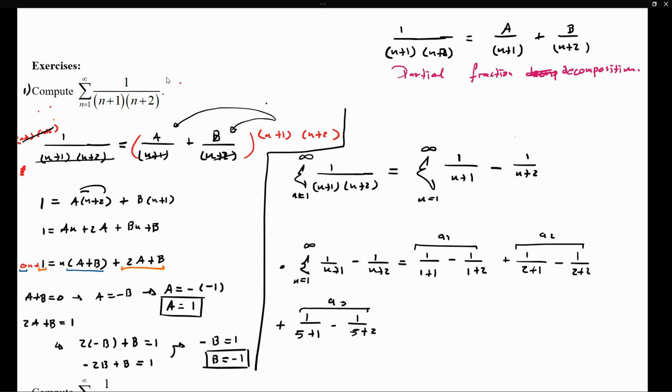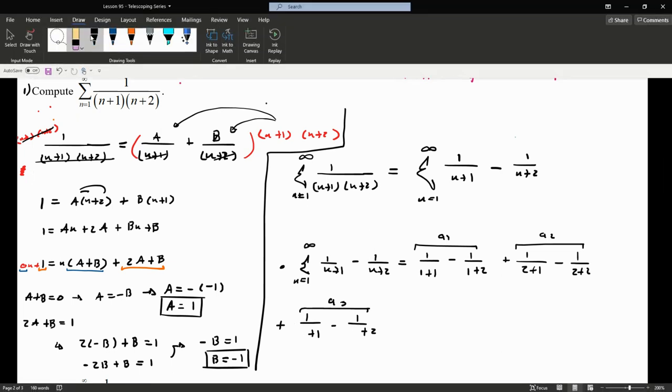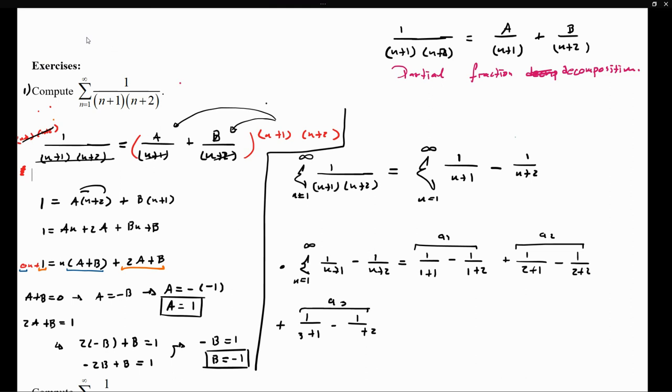This should be 3, not 5. Sorry. Let's compute the fourth term. So we're going to get 1 over 4 plus 1 minus 1 over 4 plus 2. And let's actually stop at the fourth term. We're not going to go all the way to the fifth. So the fifth term, you can compute it yourself.